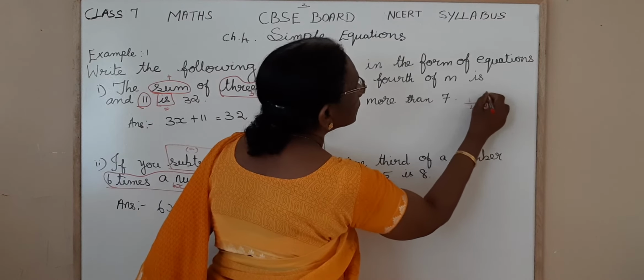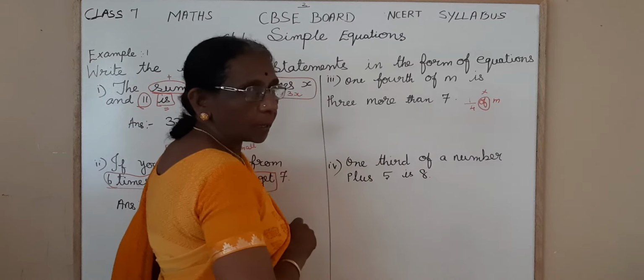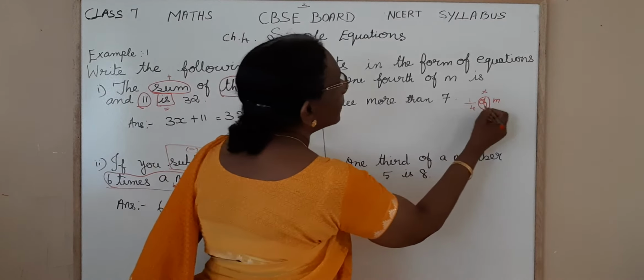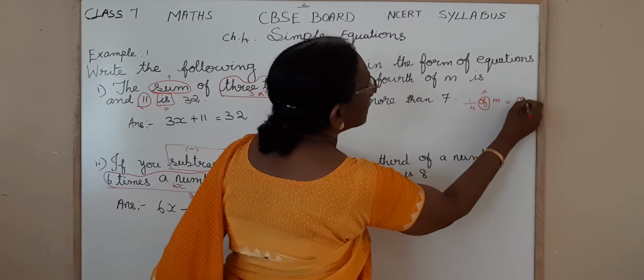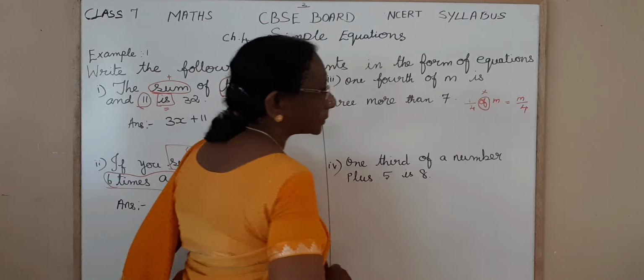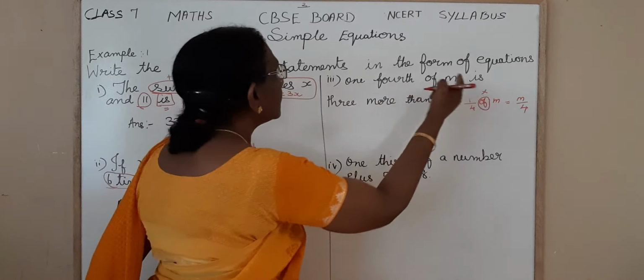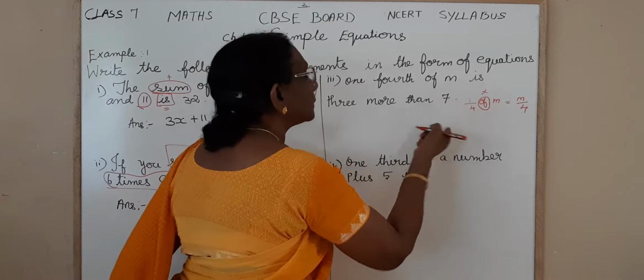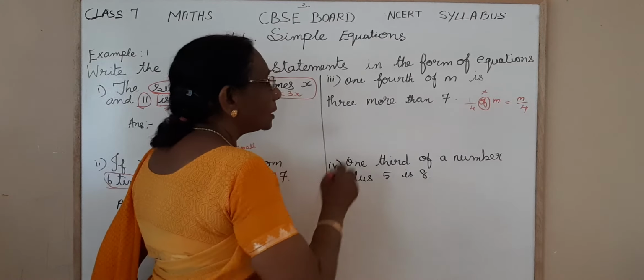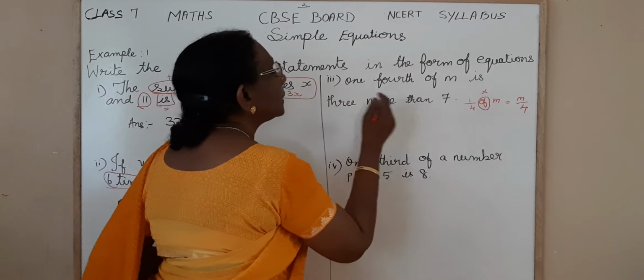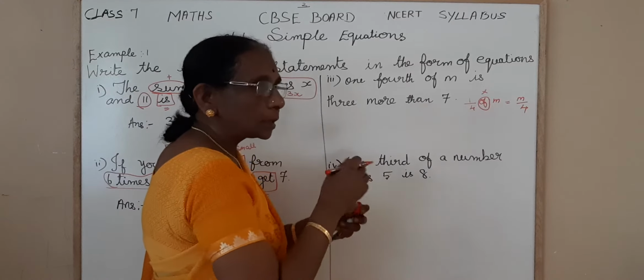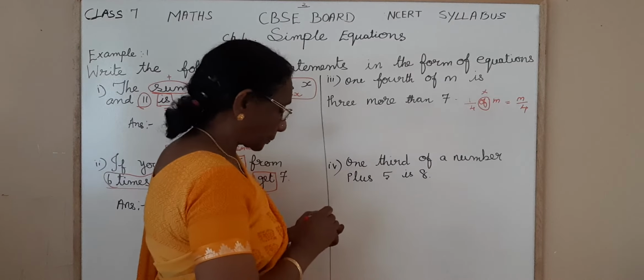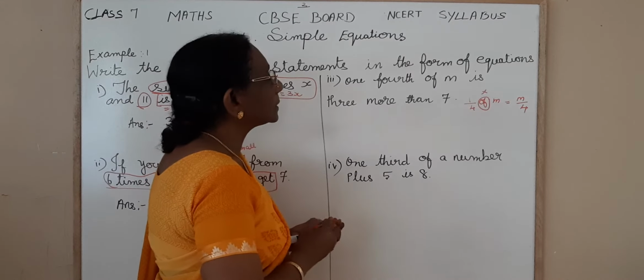And "of" means what operation? Multiplication. So 1 by 4 into m is m by 4. Is it clear? Is 3 more than 7? Okay. So you can write this as what? 3 more than 7 means what? 3 plus 7.